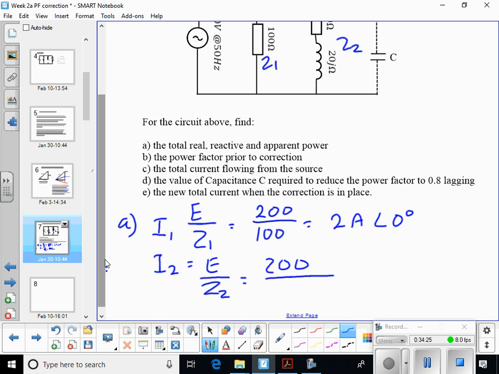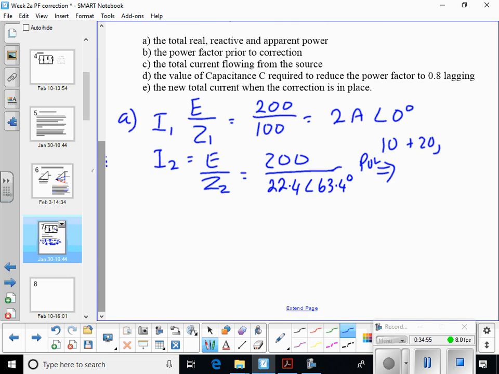So we got 10... I got 22.4 angle 63.4. Equals 8.93 amps, angle minus 63.4 degrees. Yeah.